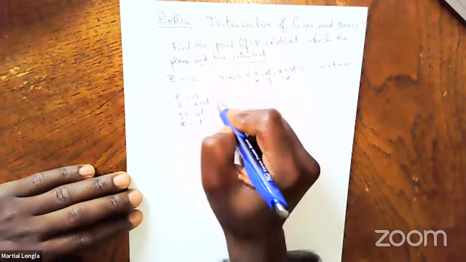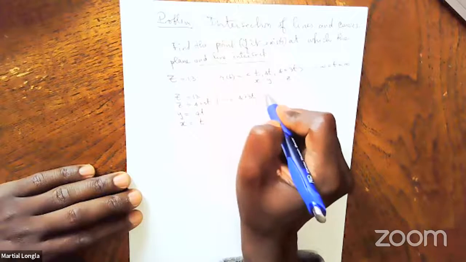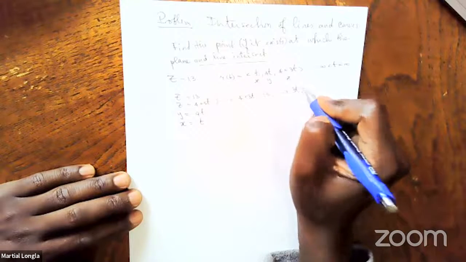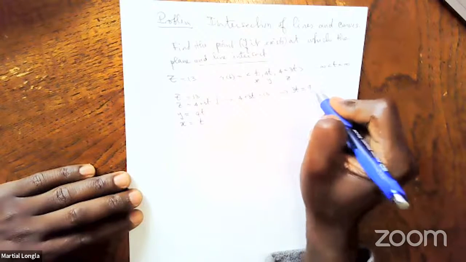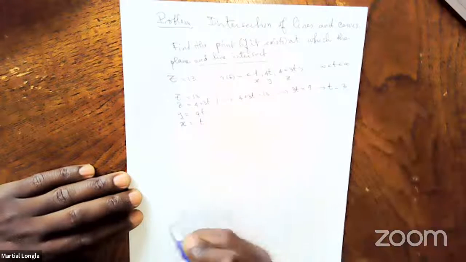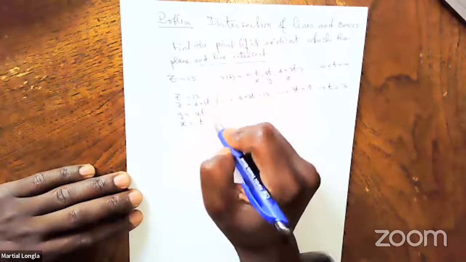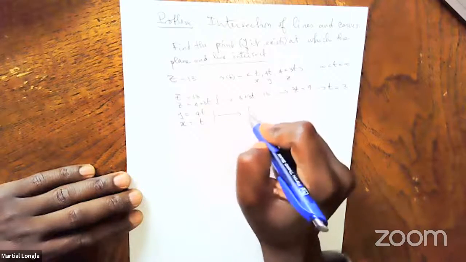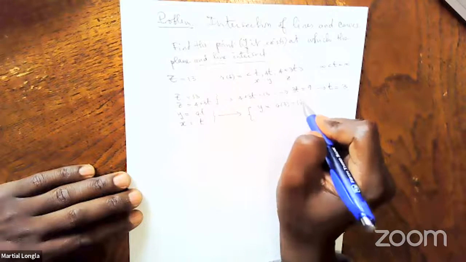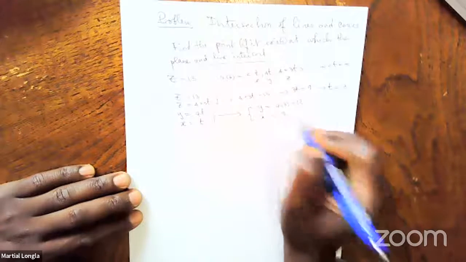So if this is the case, that means 4 plus 3t equals 13. So 3t equals 9, and therefore t equals 3. And if that's the case, you plug that t inside here, you get y equals 4 times 3, 12, and x equals 3.